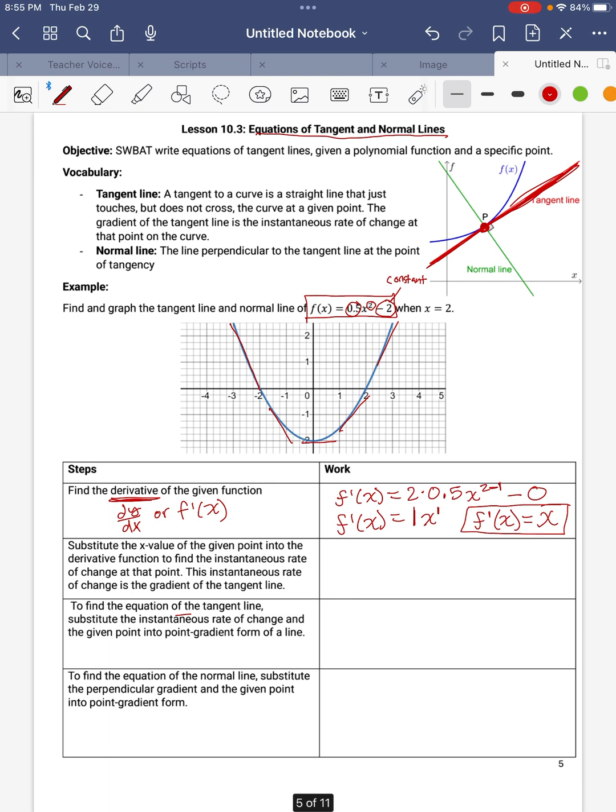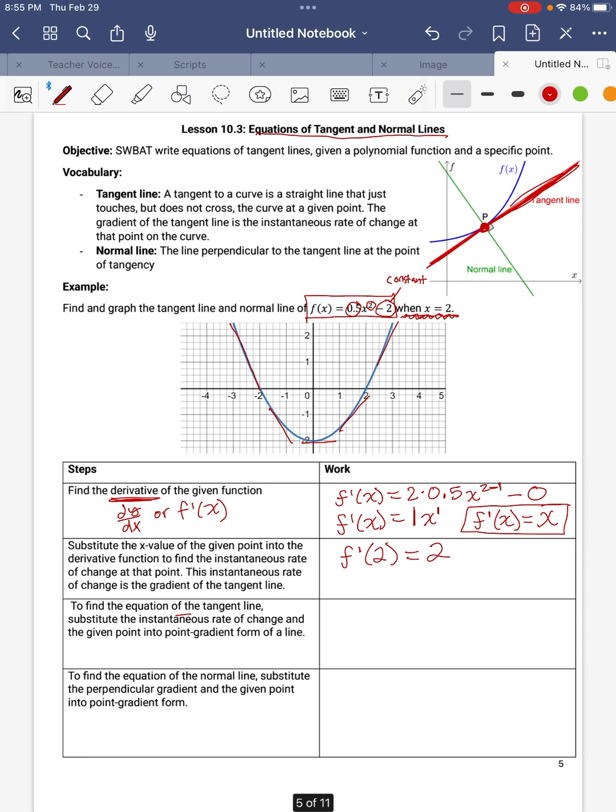So now, since I want the tangent line when x equals 2, I specifically want to know what is the instantaneous rate of change at x equals 2. So I'm going to plug in 2 for my x in my derivative function. So everywhere I see an x in the derivative function, I'm going to replace it with a 2.